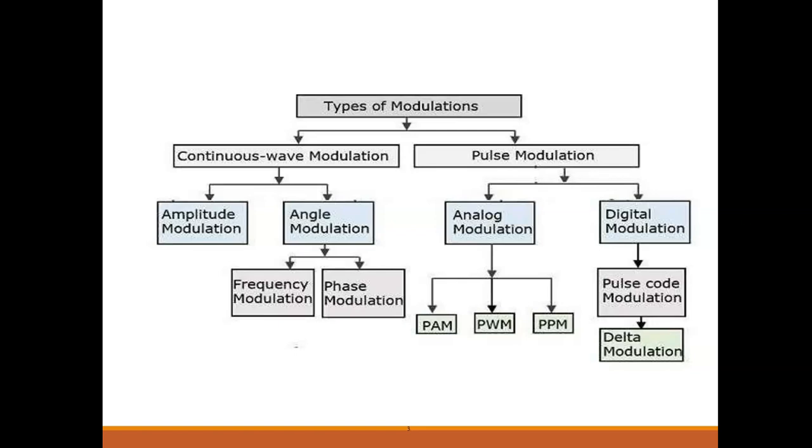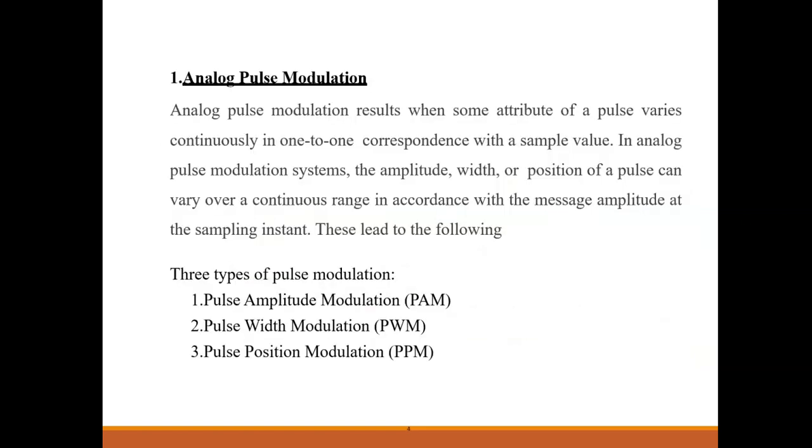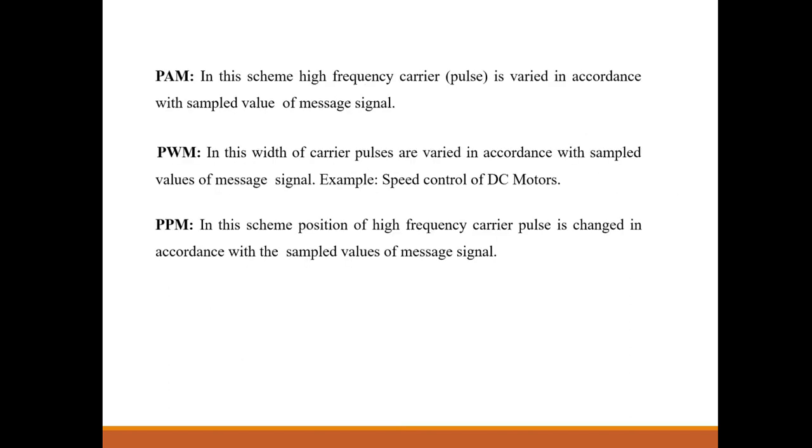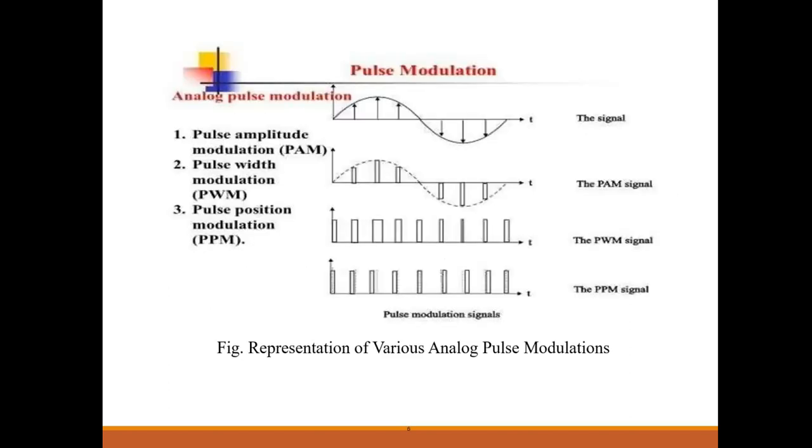There are two types of pulse modulation. Analog pulse modulation includes PAM, PWM, PPM. Other than this analog pulse modulation, we have digital modulation, that is PCM and delta modulation. In analog pulse modulation, the amplitude of the carrier signal is varied according to the modulating signal, and we get the pulse amplitude modulation as shown in the figure.